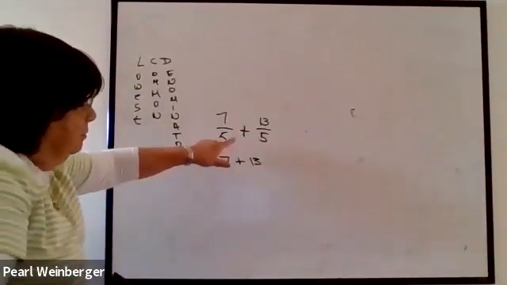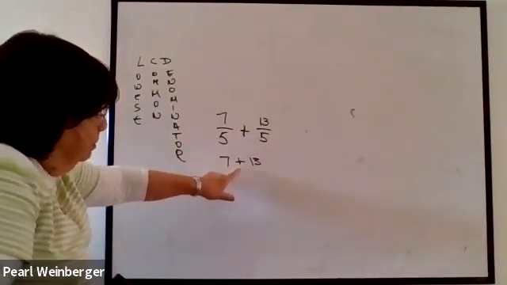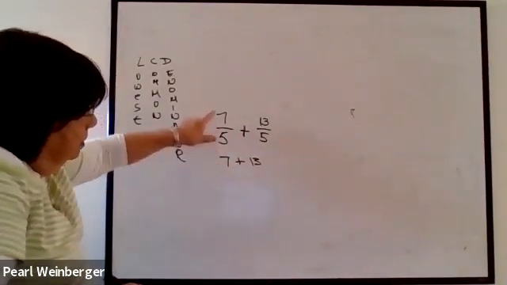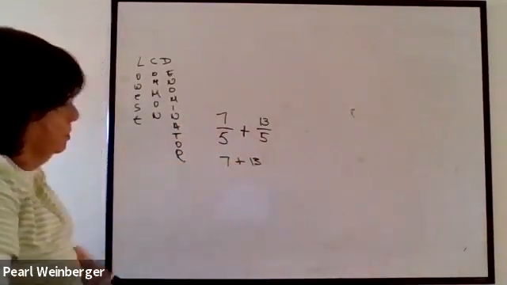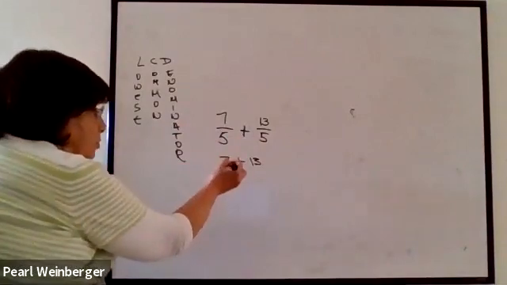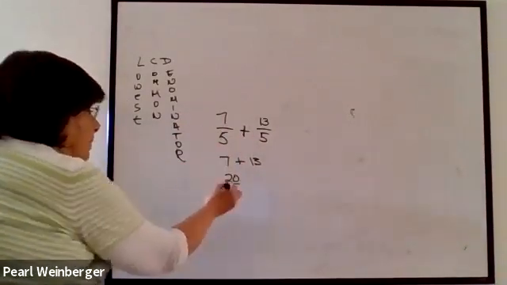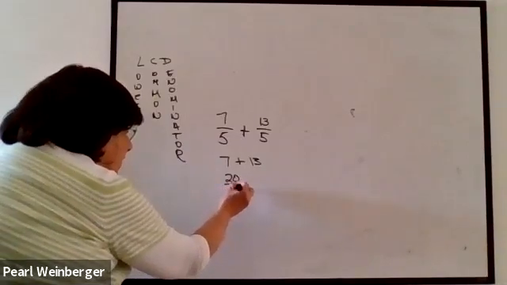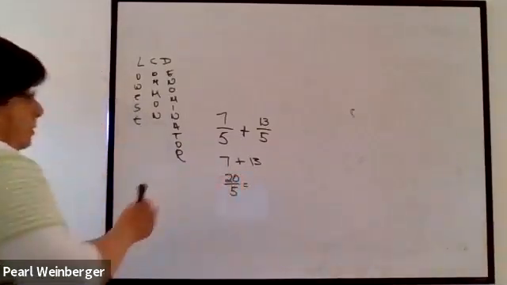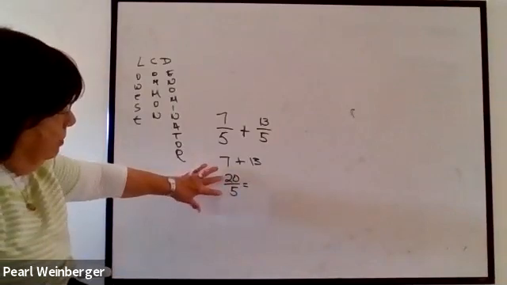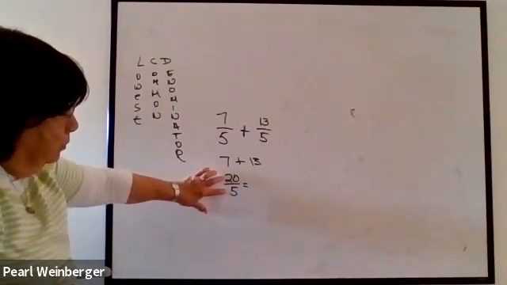Whatever the sign is, if this would have been negative, a minus sign, I would have subtracted it. This is plus, so I'm adding this. I do 7 plus 13, which gives me 20. Once I've combined them, I put that combined answer over the common denominator. So my final answer becomes 20/5.